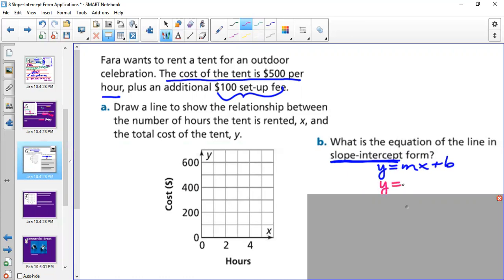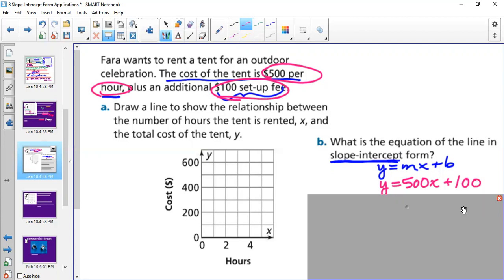So what is the rate to rent this tent? And I'm looking for a rate, so remember, rates compare two things. So 500 per hour, that's my rate. So 500x. My b is my starting amount, and it costs $100 as your starting amount. And a lot of times that happens just one time.